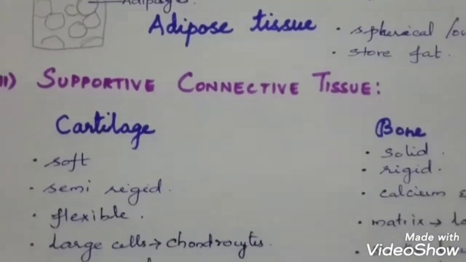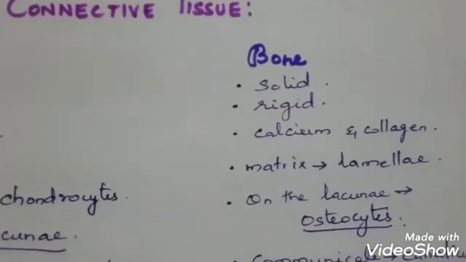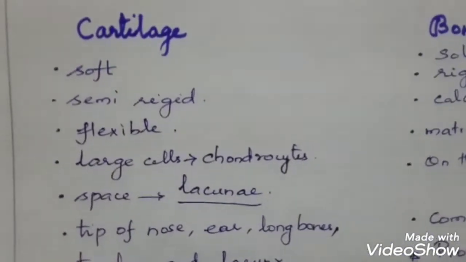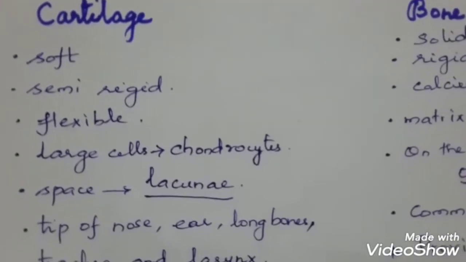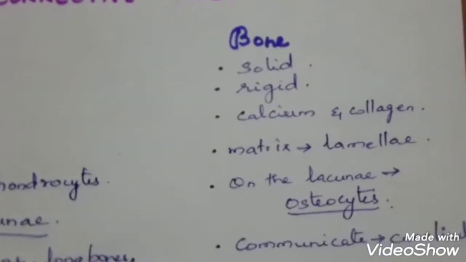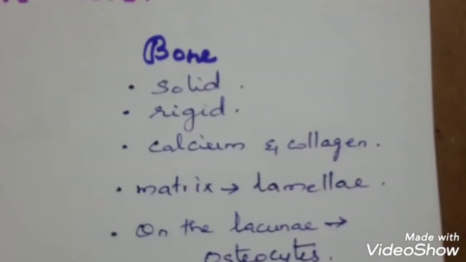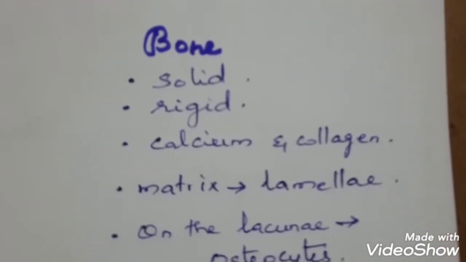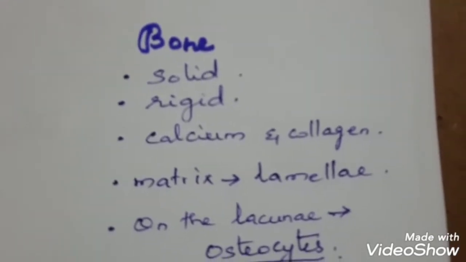Supportive connective tissues are of two types. One is cartilage and the other is bone. Cartilage cells are soft, semi-rigid and flexible in nature. Bone cells are solid, rigid and they contain calcium and collagen materials. In the bone matrix, lamellae are present.